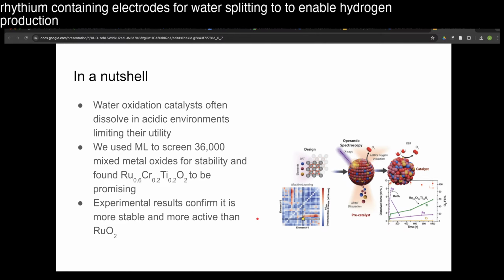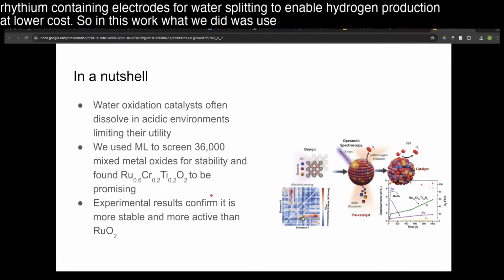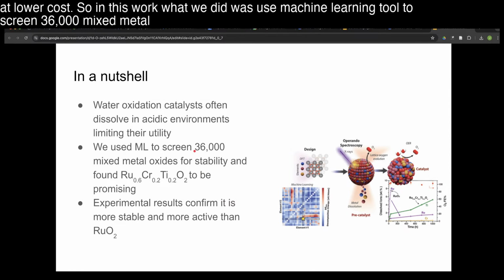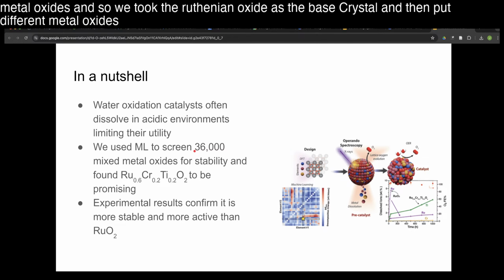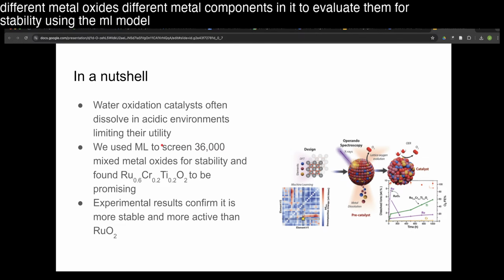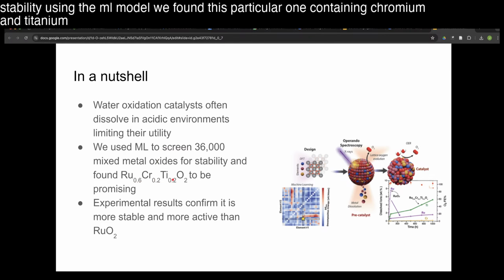So in this work, what we did was use a machine learning tool to screen 36,000 mixed metal oxides. And so we took the ruthenium oxide as the base crystal and then put different metal components in it to evaluate them for stability using the ML model. We found this particular one containing chromium and titanium that seemed to be promising.